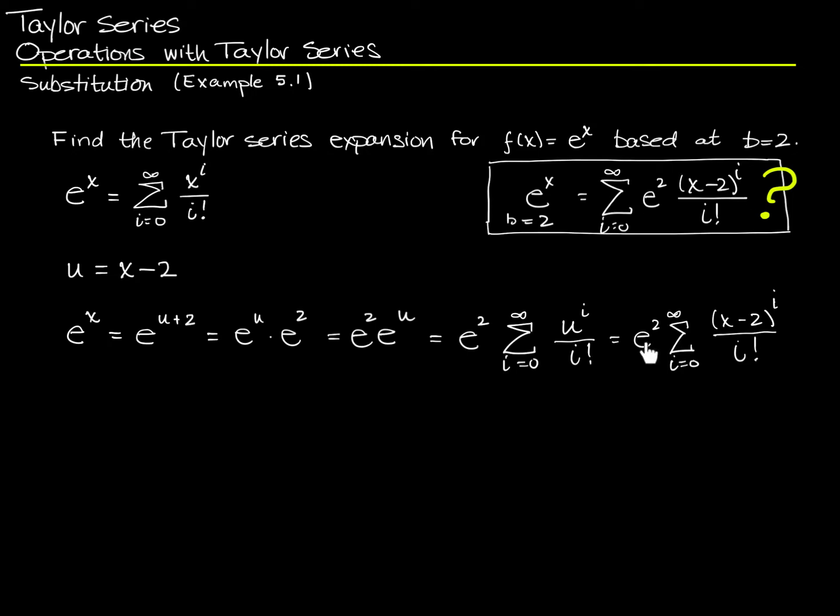Down here, my e to the 2 is outside the sum, but based on the properties of summations, I can put that in there. So this is equal to the sum, as i goes from 0 to infinity, of e squared times x minus 2 to the power of i all over i factorial. Now this was a pretty simple, straightforward example, but the idea is to illustrate how substitution works. Let's try one that's not quite so straightforward.